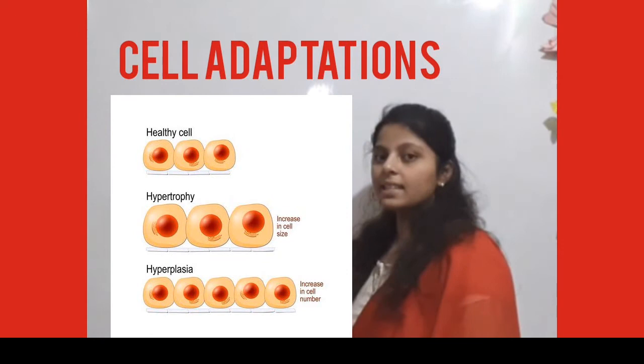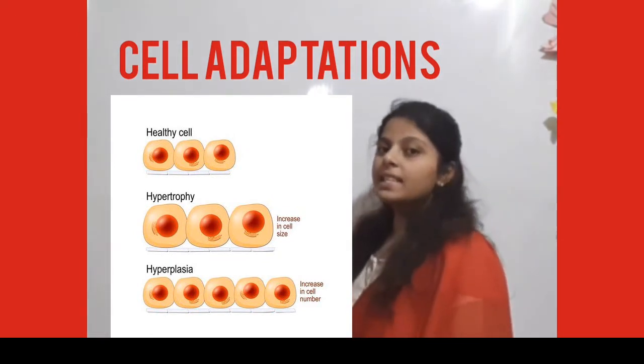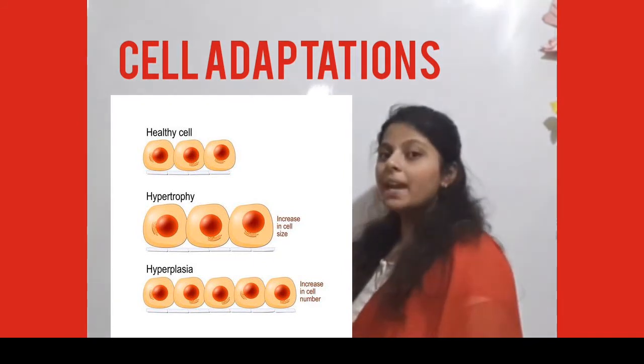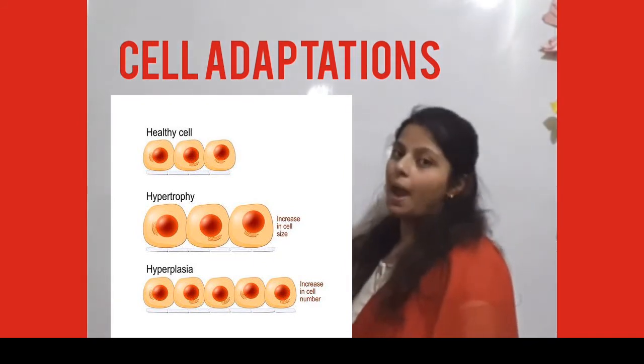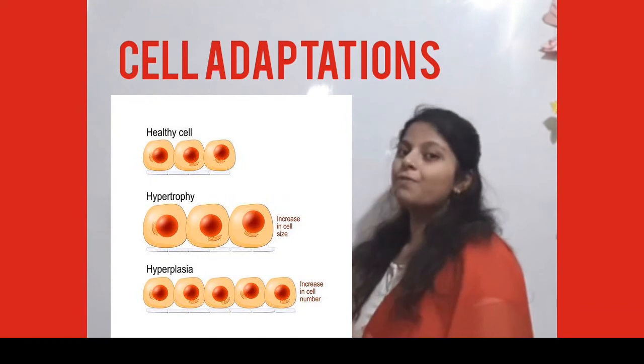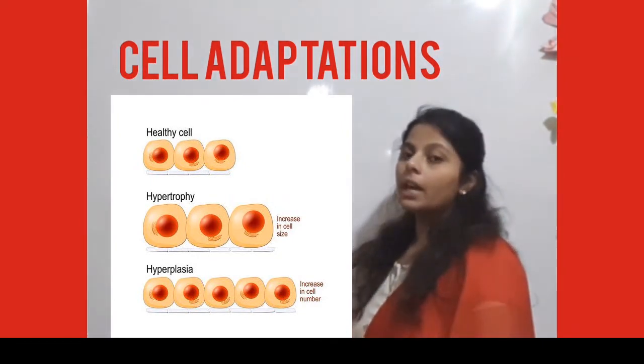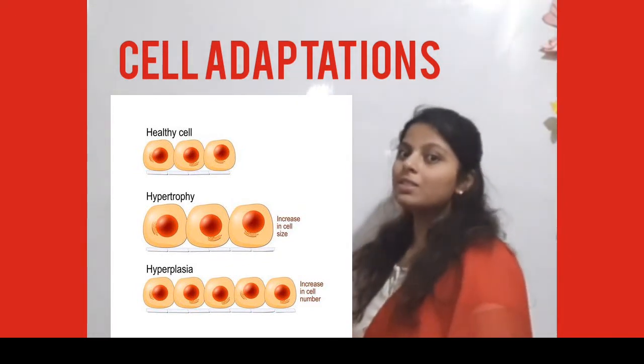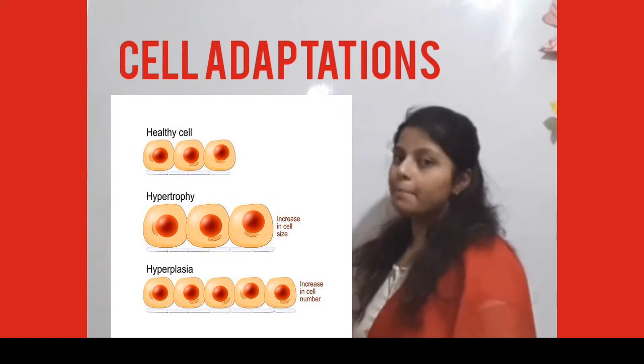Next is compensatory hyperplasia. In compensatory hyperplasia, there is increase in the number of cells mainly to replace damaged cells. This you can mainly find in the liver. When a part of the liver is removed, the cells will multiply, that means mitosis occurs and it will replace the damaged cells.